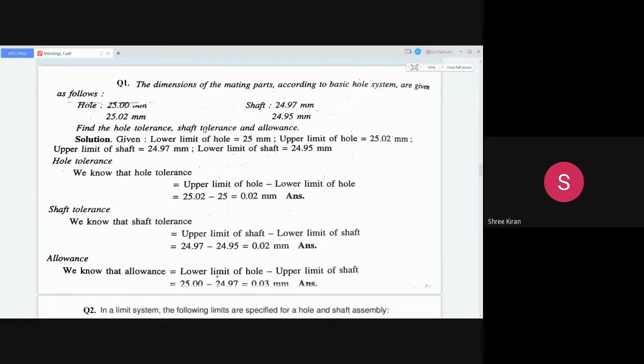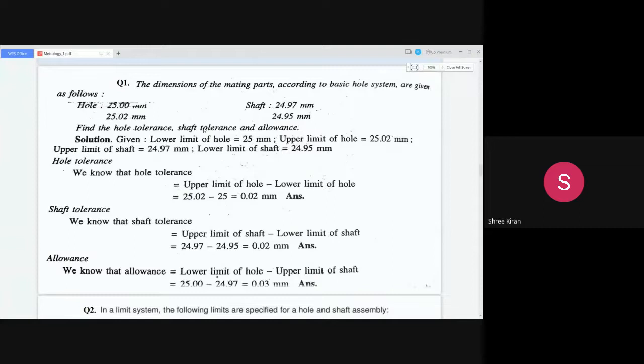In the case of allowance, we know that the lower limit of the hole is 25 and the upper limit is 25.02. In the case of allowance, we are always concerned with the lower limit, that is, the lower limit of the hole, which is 25.